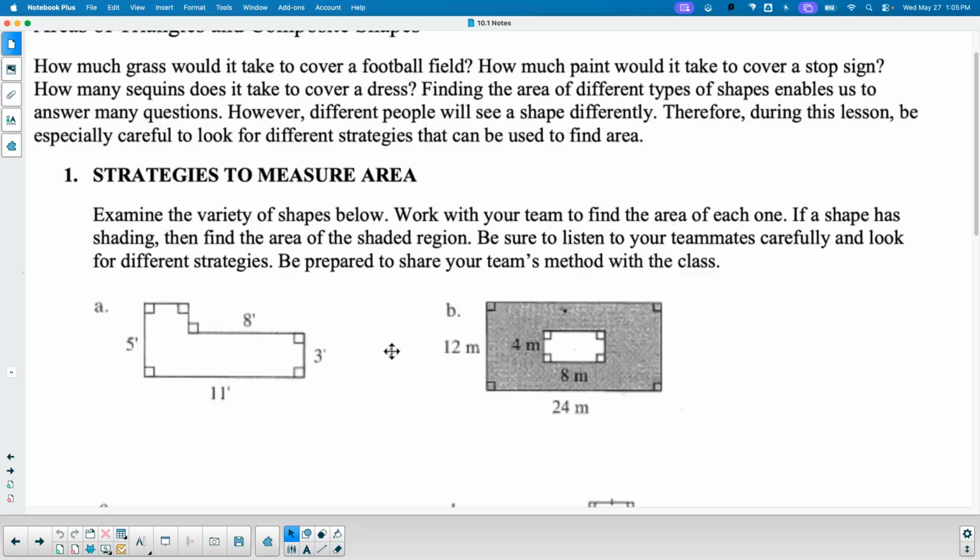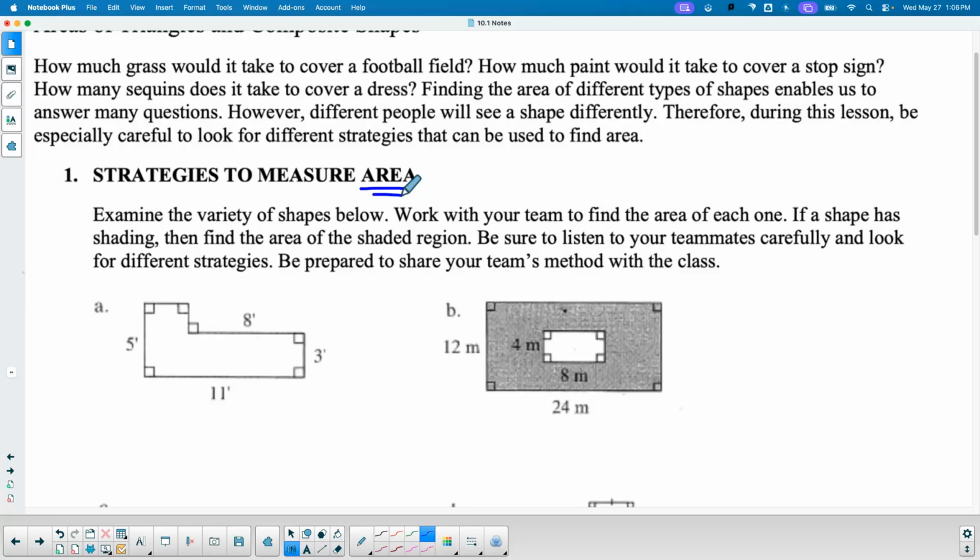Perimeter goes with adding. Area goes with multiplication. Oops, I said that wrong. Perimeters with adding, areas with multiplication. So if we need to do area, we're going to be multiplying something. We're not going to be adding up all of the outsides.